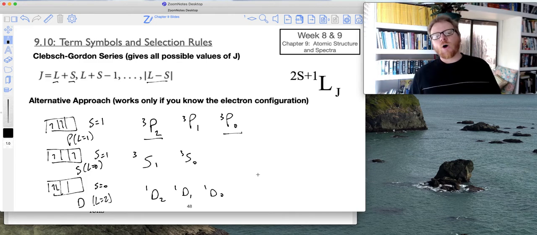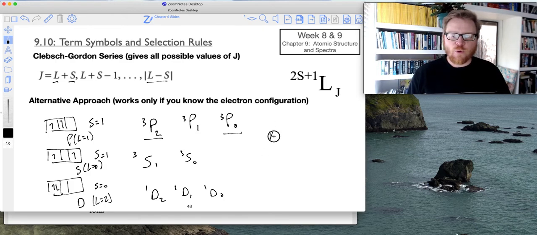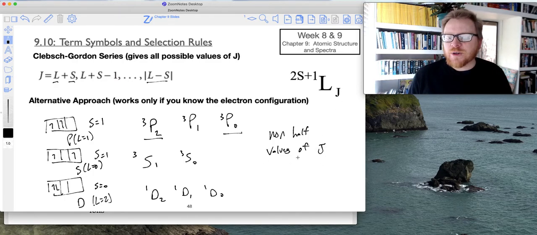Okay? And so once again, we typically, for the non-half integer values of J, that value is less important.